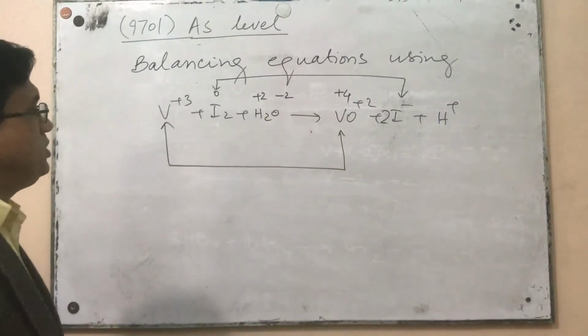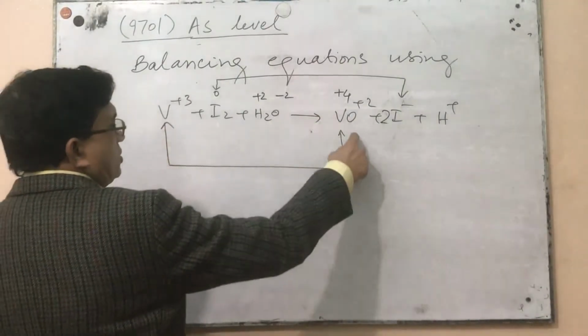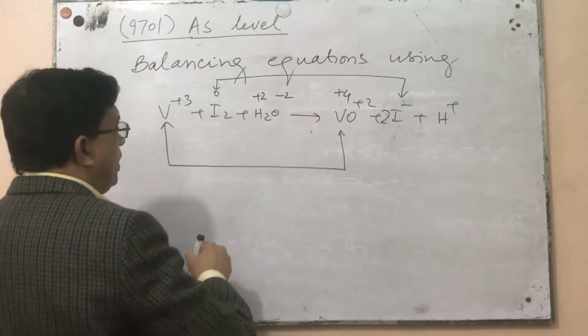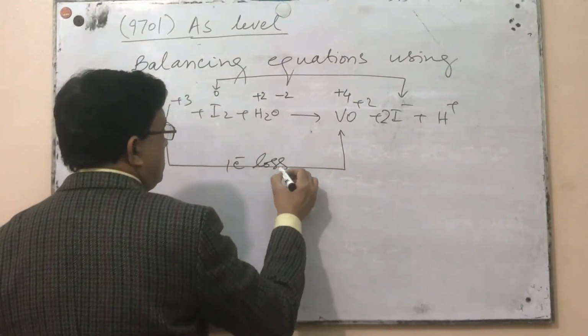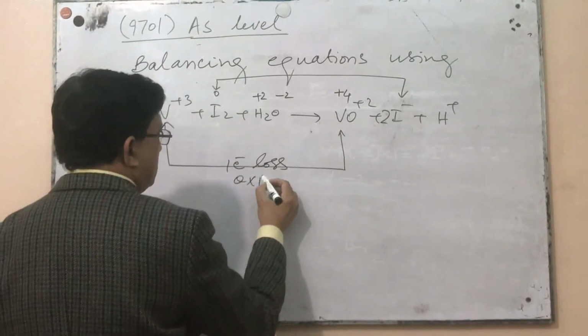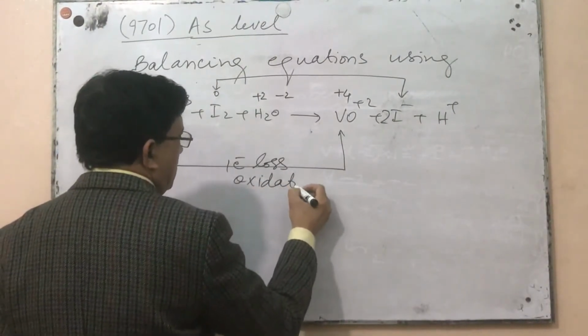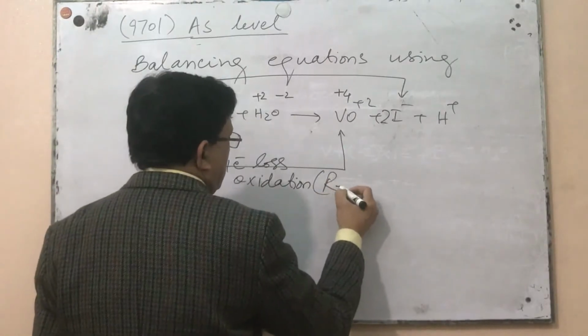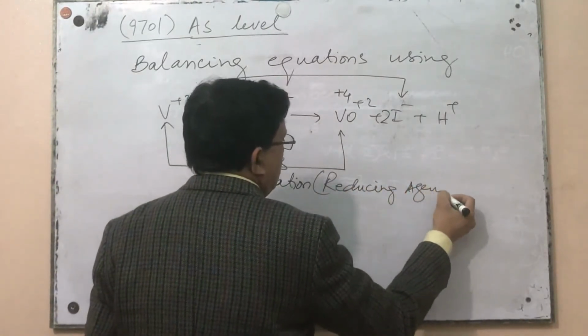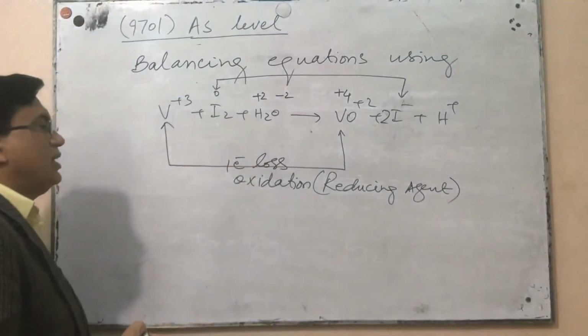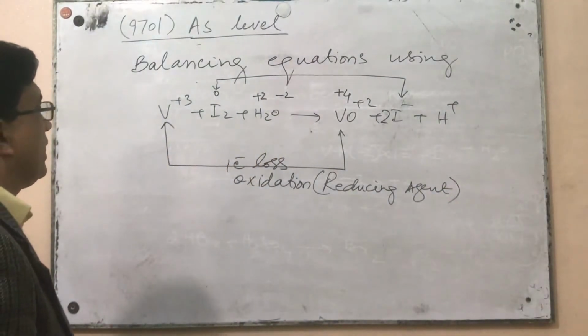Now we have to check how many electrons are lost during this process. 1 electron is lost. 1 electron loss means oxidation, meaning it is acting as a reducing agent.